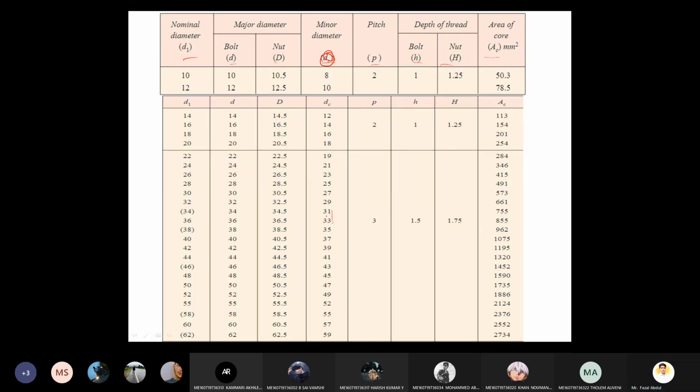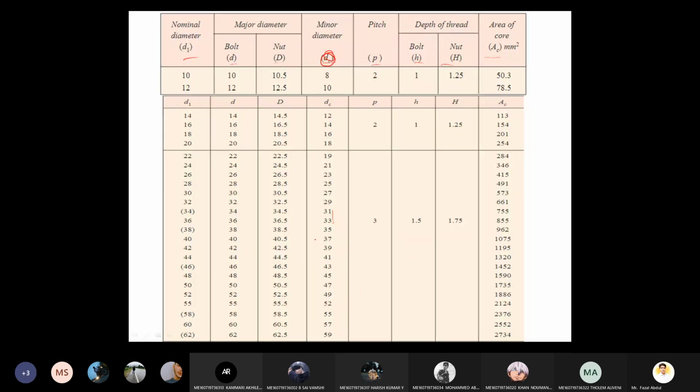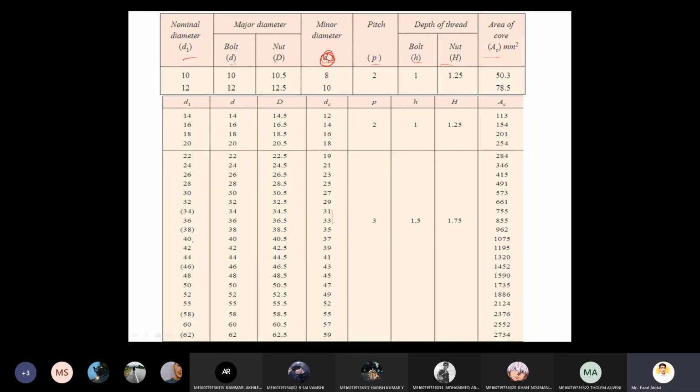32 is not there here. So 33, the round figure, we are taking. 32 is not available, so we take 33.